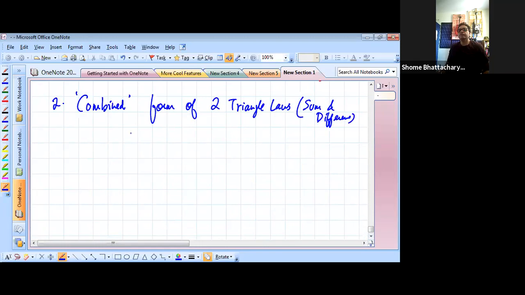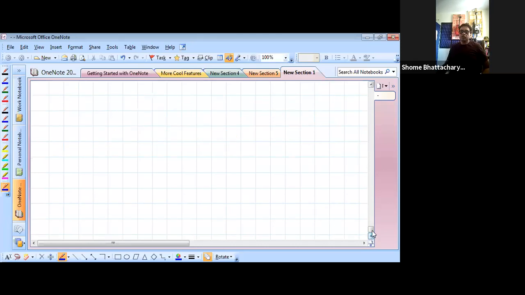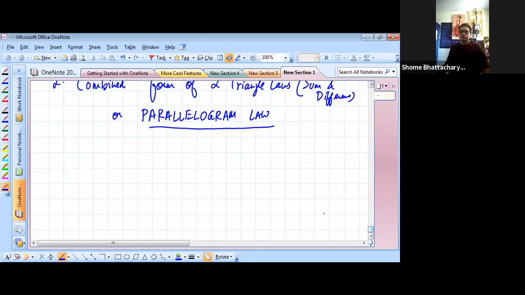And this combined form becomes what we call the parallelogram law for vectors. Okay. So what we do is we construct what is called a vector parallelogram. And in that parallelogram, we'll see that the two diagonals, one of the diagonals will represent the sum of the two vectors and the other will represent the difference.